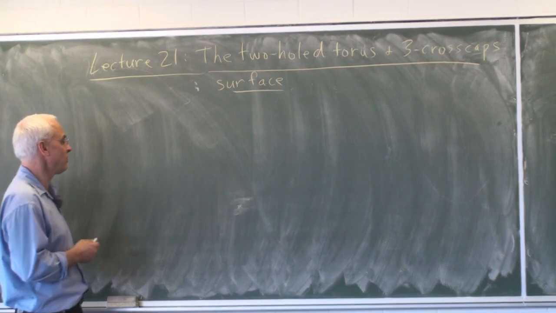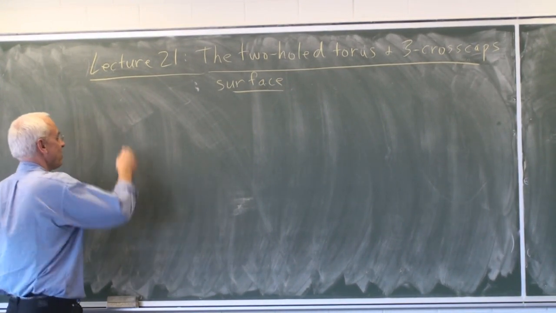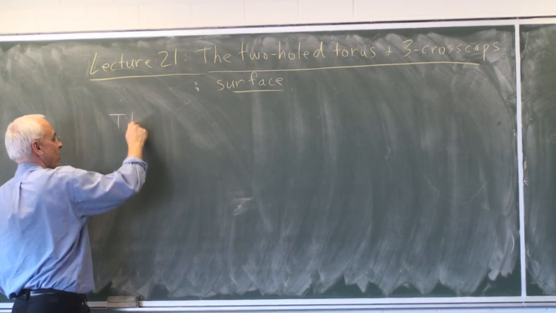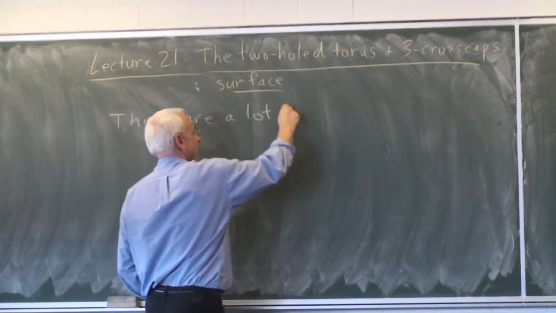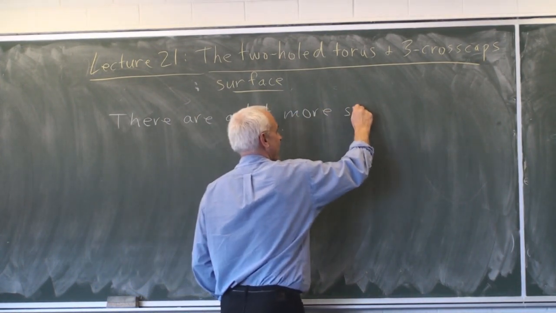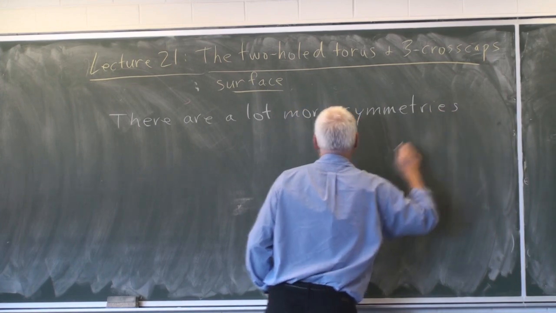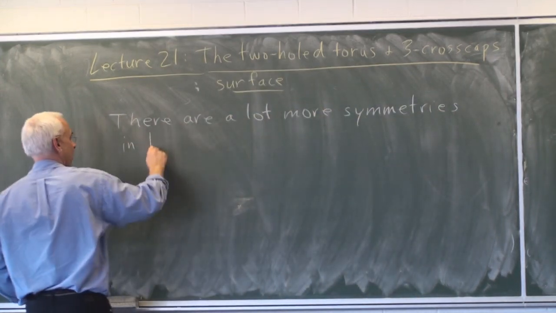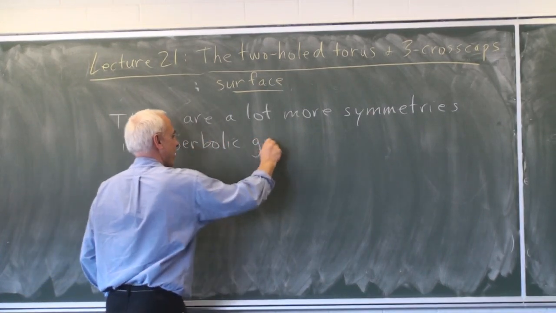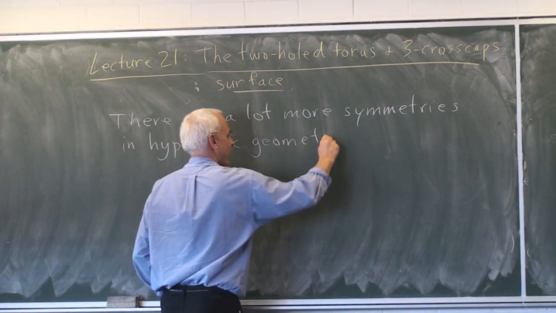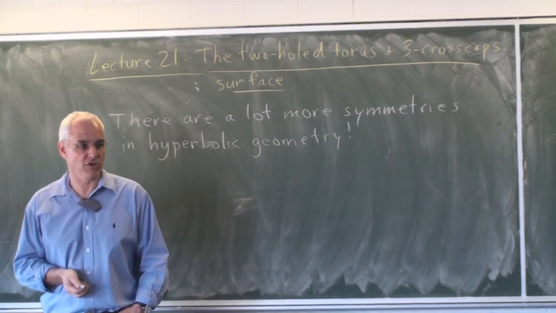And what we're going to really use here is a fundamental and deep fact, that there are a lot more symmetries in hyperbolic geometry than in Euclidean geometry or in spherical geometry.